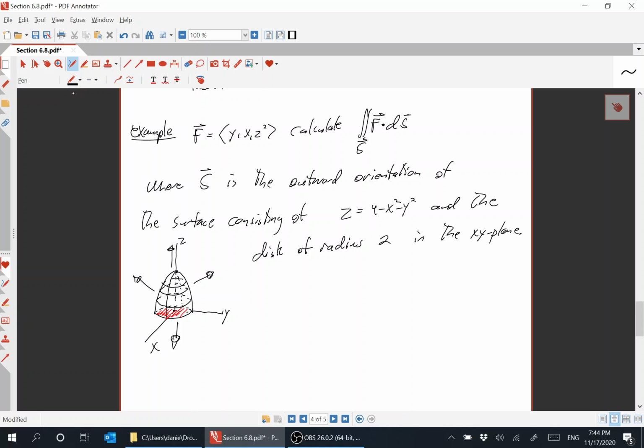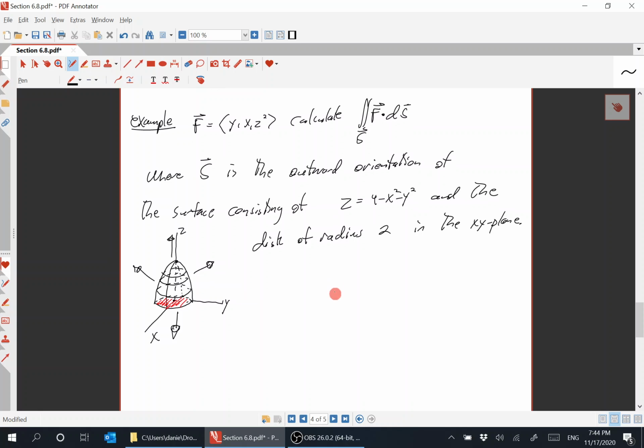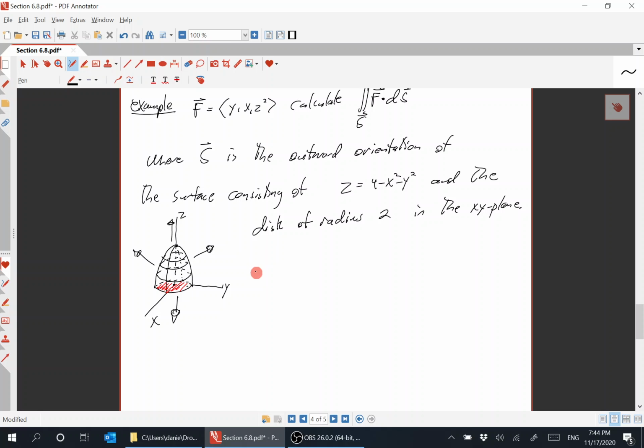Okay, so the inside of S, in cylindrical coordinates, is E equal to, well, we have the disk of radius 2 down here.